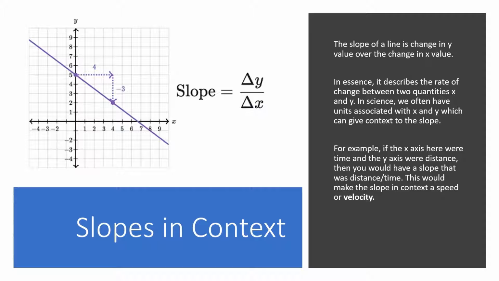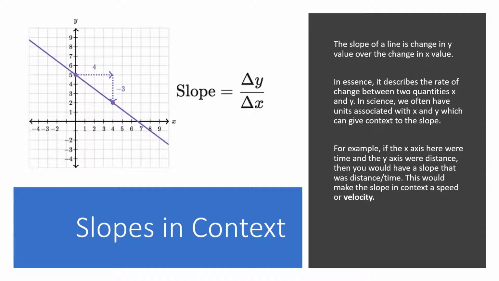But if you apply something like time and distance, you've created a context for the slope. You've made it to where the slope has a meaning that goes beyond the change in y over the change in x, because the change in y means something, and the change in x means something.